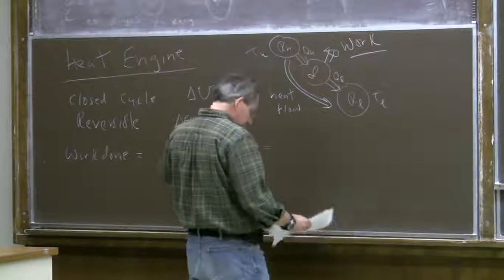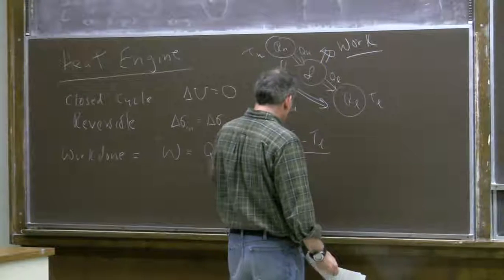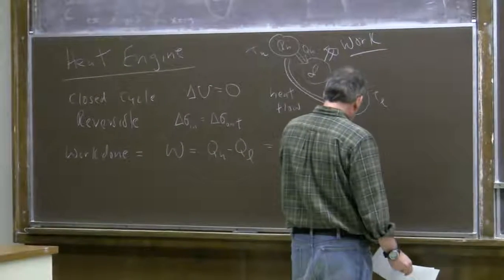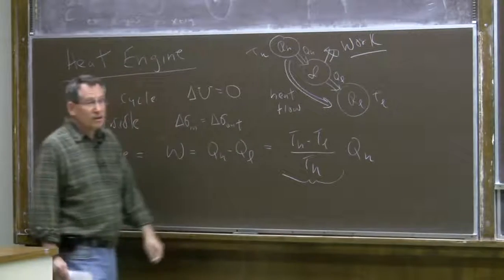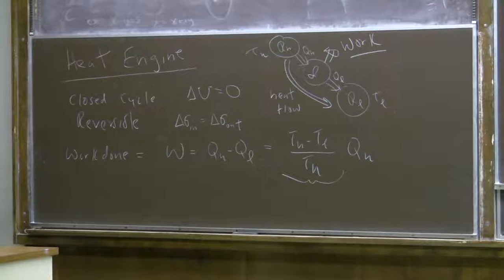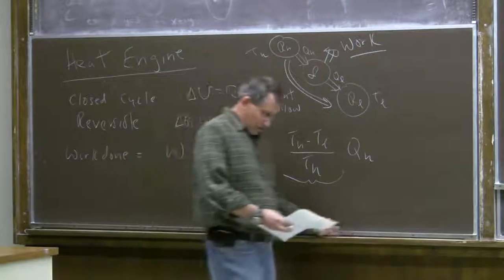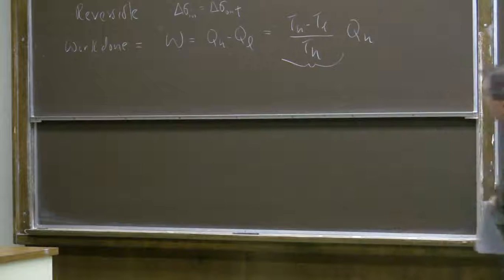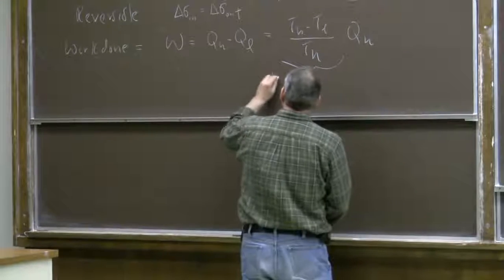And because of the reversibility condition, I can write that as the difference between the high and low temperatures divided by the high temperature times the heat taken in. Now, this coefficient is a measure of the efficiency of the heat engine, how efficiently it converts the heat that it takes in from the high temperature reservoir to useful work. This efficiency that's attained by the ideal reversible engine we call the Carnot efficiency.